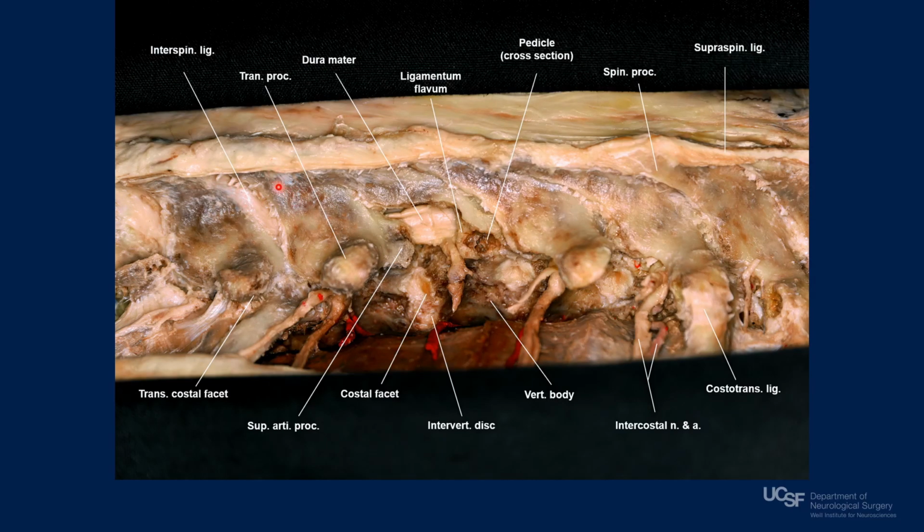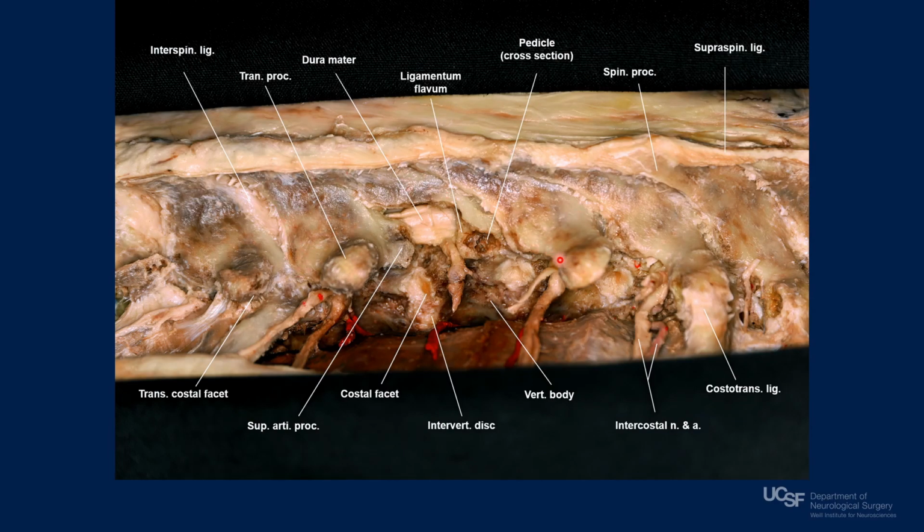We can identify the spinous processes that have a vertical projection and the laminae of this right side with a very, very small space between the laminae.